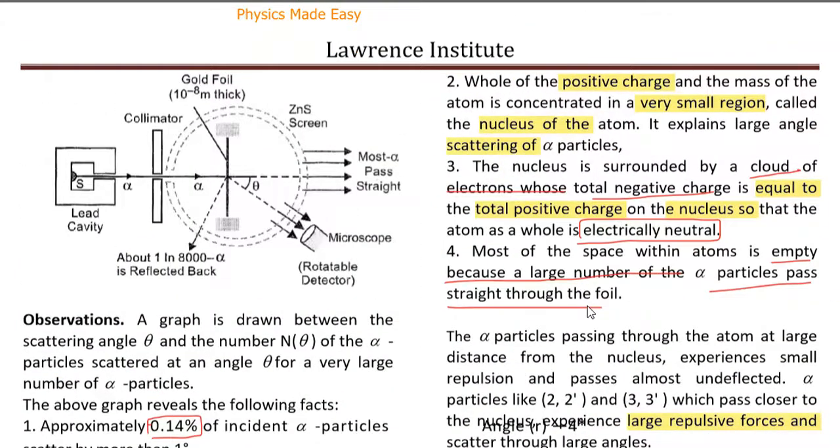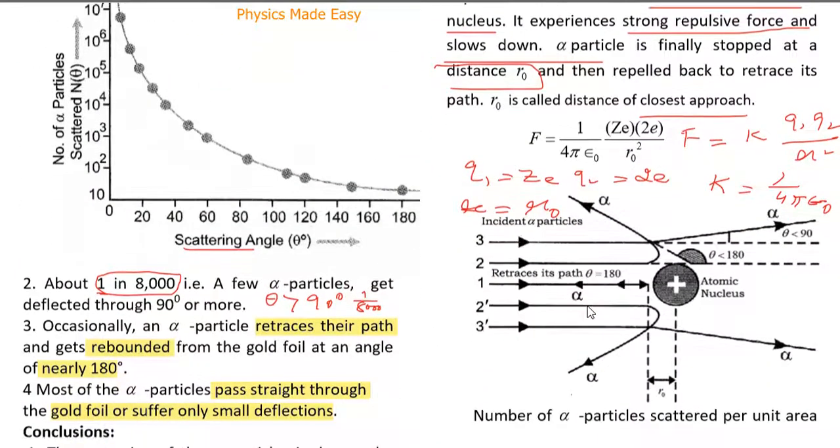And the next part, here, ray number 1 hits the atomic nucleus, which is very heavy, and it bounces back and retraces its path. It means the atomic nucleus is positively charged because alpha particles are positively charged, and the nucleus is much heavier than the alpha particle because the alpha particle has bounced back.